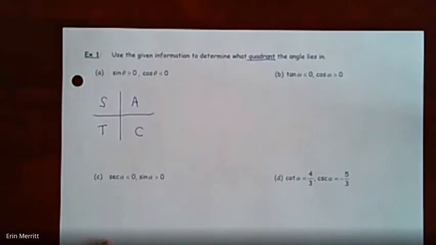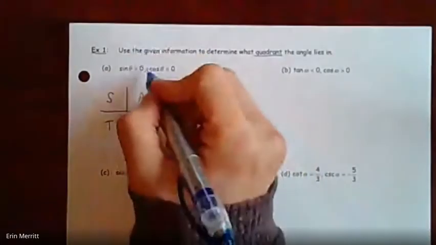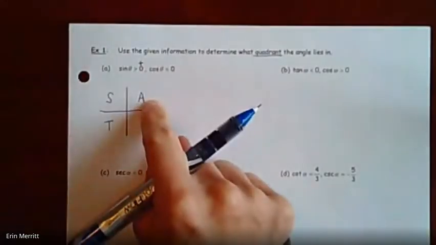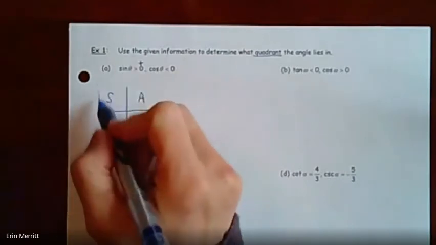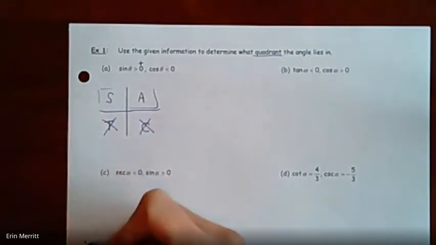All right, here's the deal. You have 2 clues. You're told that sine is greater than 0, which is code that sine is positive. All right, so which 2 quadrants can we be in if sine is positive? Well, they're all positive in quadrant 1, and just sine is positive in quadrant 2. So that brings me down to needing to be in those 2 quadrants, which means I can eliminate the bottom 2.